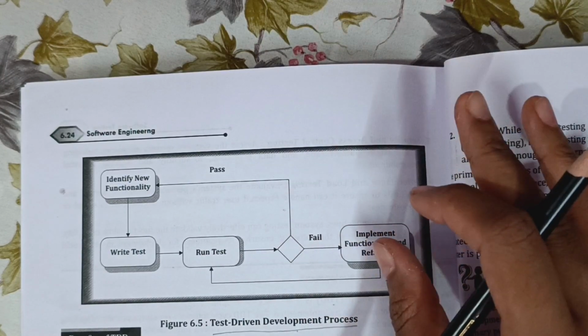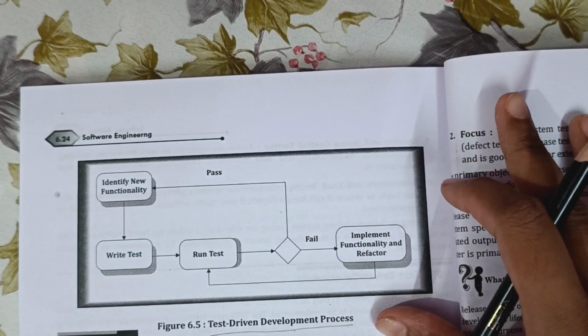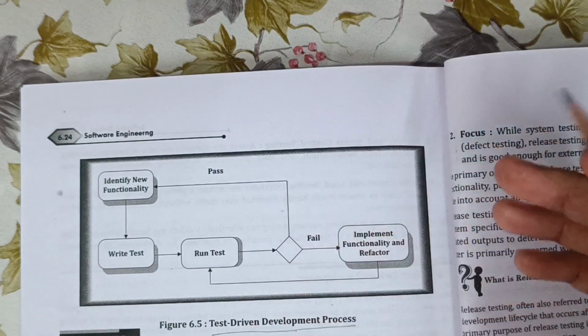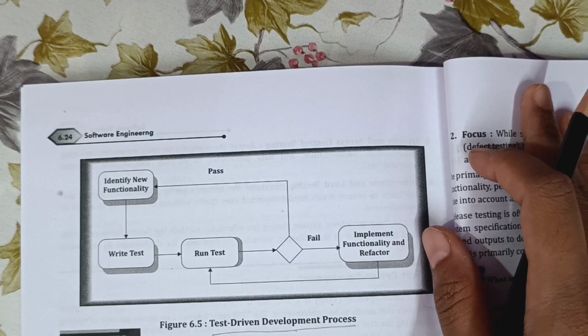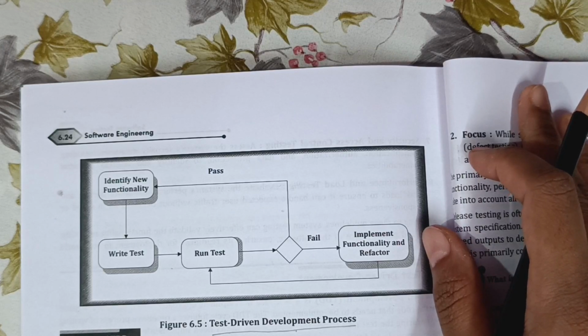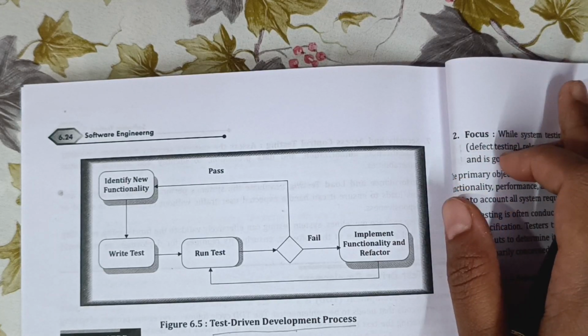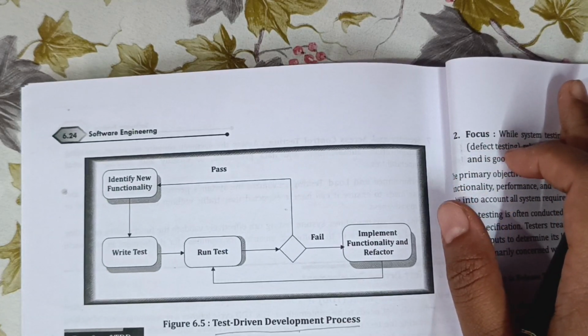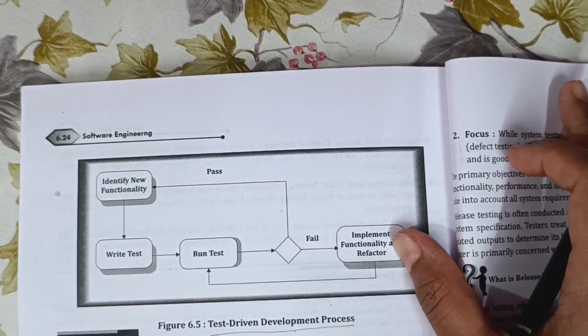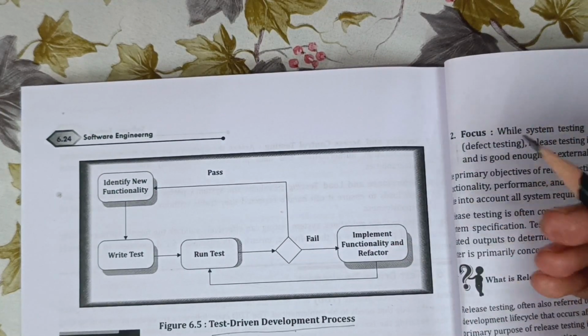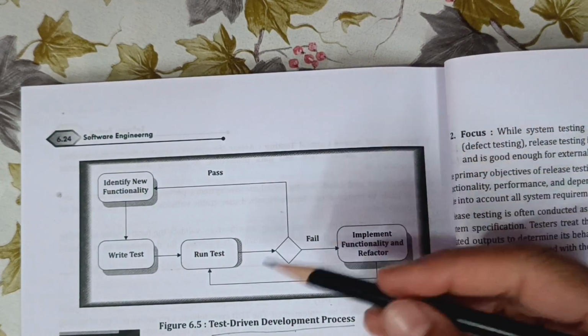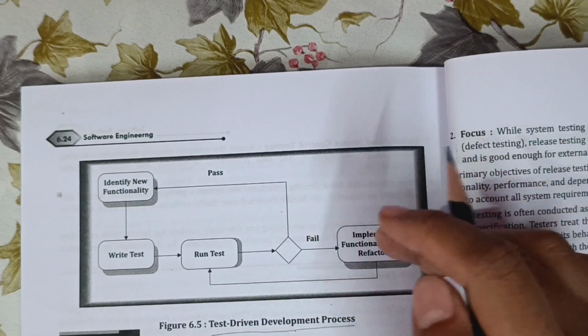Since it is an approach for writing the test before the code, the test comes before the code that has to be implemented. Now, coming to this diagram of the test driven development process.